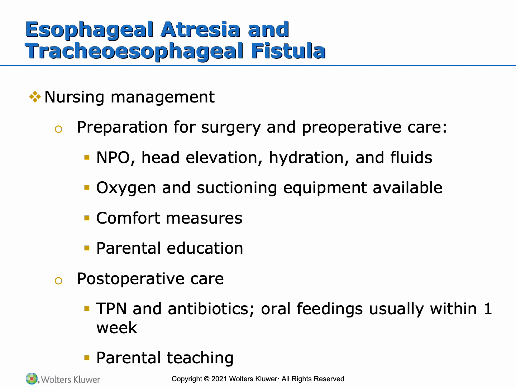So you're going to closely observe all of their body systems, expect to administer TPN and antibiotics until the esophageal anastomosis has been proven intact and patent. Usually oral feedings will begin within a week after surgery. Closely assess the newborn during feeding and report any difficulty with swallowing, and of course, parent education.